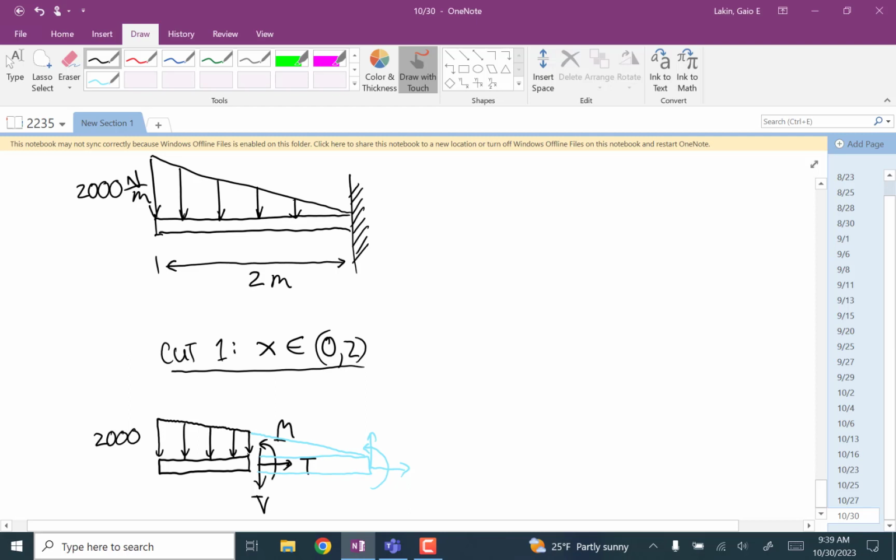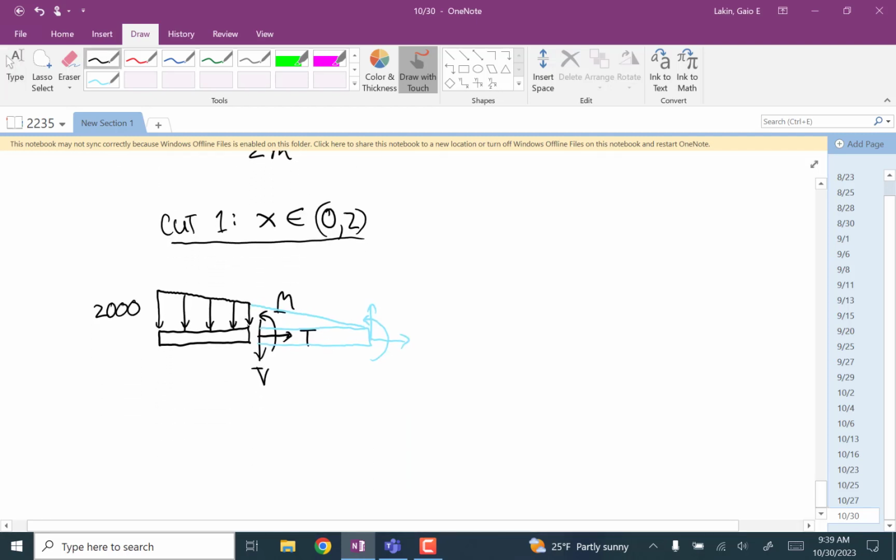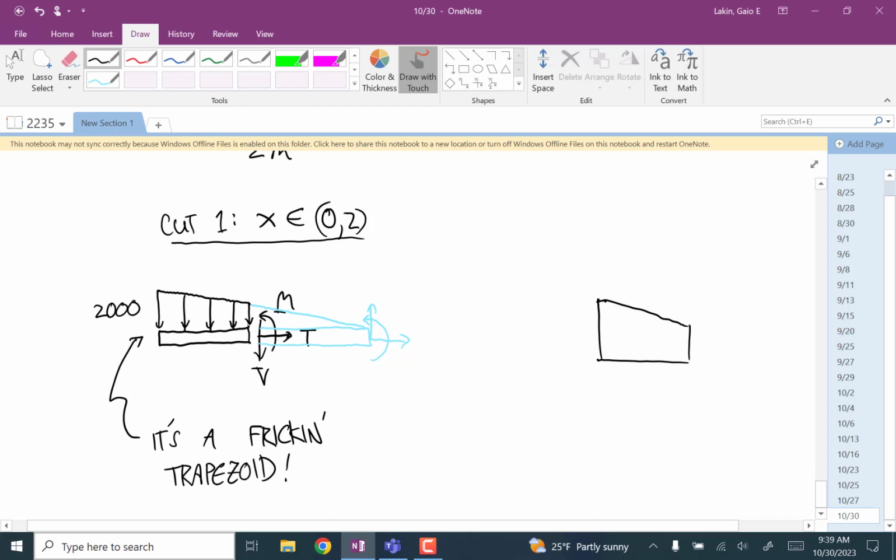Could you calculate this? Yes, you could. It's a trapezoid.